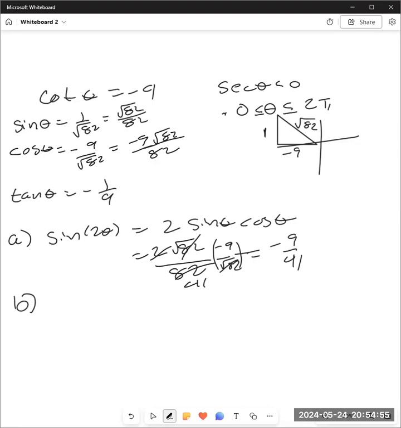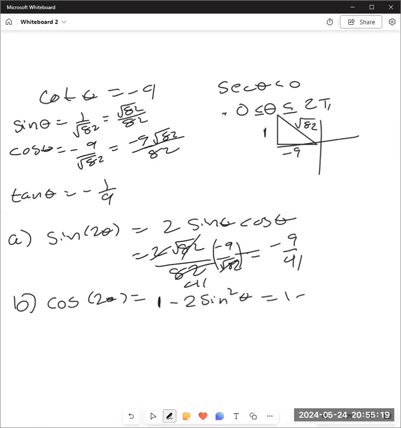And B here is cosine of 2 theta. Let's go with the one with sine in it, which is 1 minus 2 sine squared theta.